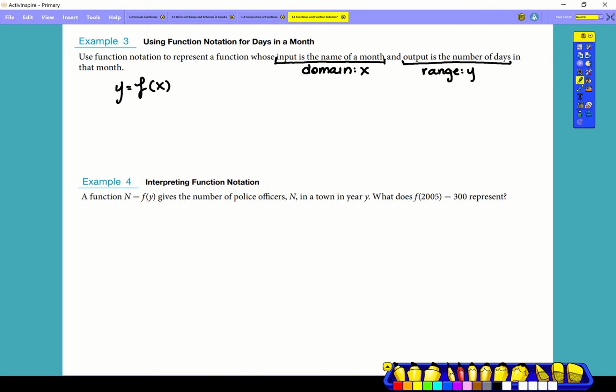You could say the day equals f of the month. The total number of days equals f of the month. Something like this would look like January, the 31st? February, ooh, that depends on whether or not it's a leap year. I can't help you guys out there. And so forth and so forth.